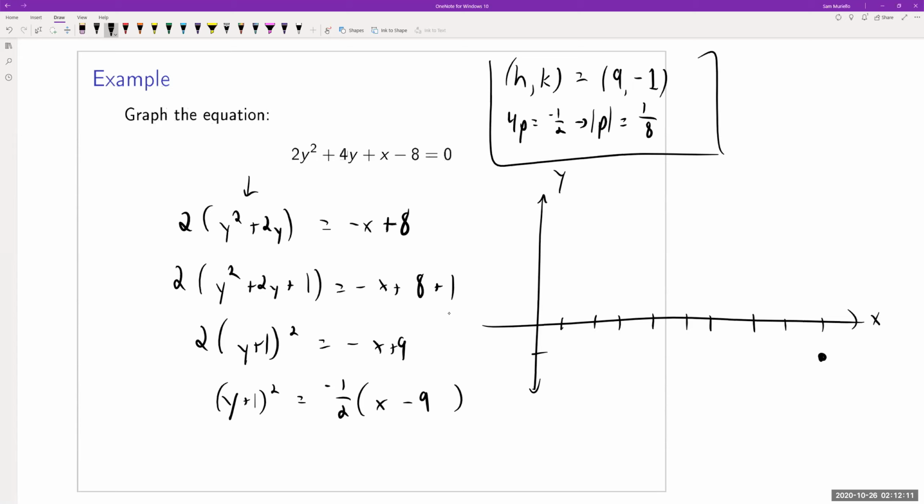So it is a horizontal parabola. And notice that this time there's a negative out front of this 1/2. That means it's actually leftwards facing. So the focus is 1/8 to the left here, with a very small distance of 1/8. And the directrix is similarly 1/8 to the right.